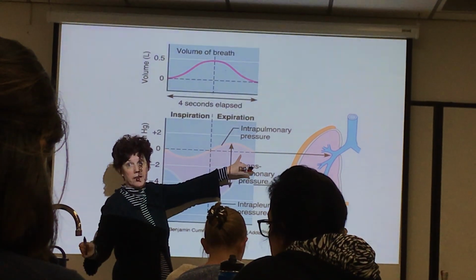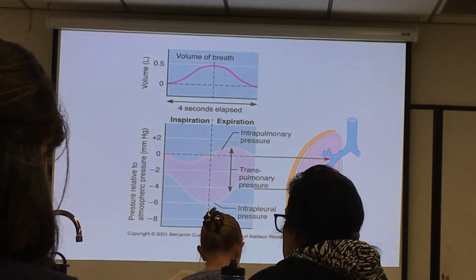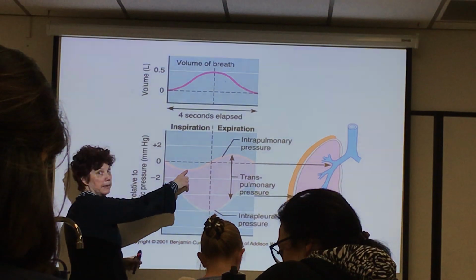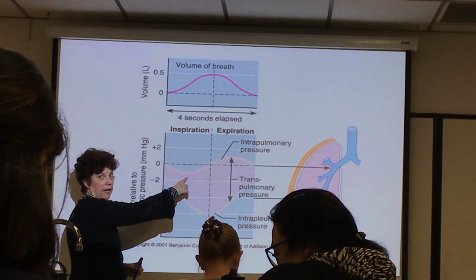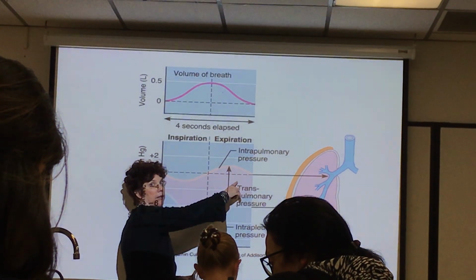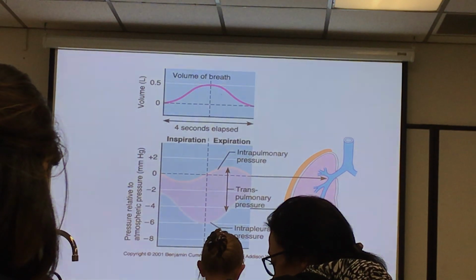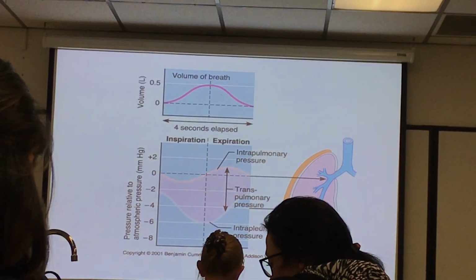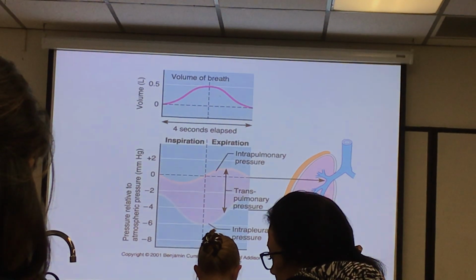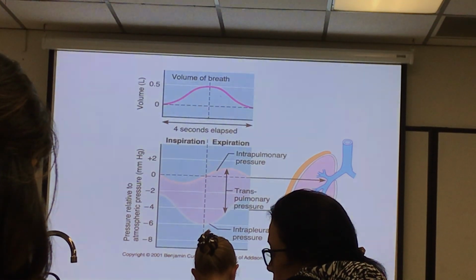Air is going to move out of the lungs. So airflow is always going to go like a wind from high pressure to low pressure. So here, pressure is lower than atmospheric pressure, air goes into your alveoli. Here, pressure is higher than atmospheric pressure, air goes out of your lungs into the atmosphere. Does that make sense? If it doesn't, just keep reminding yourself that air is going to go from high pressure to low pressure. Okay?